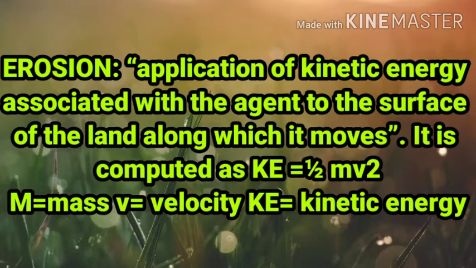Students, here we can compute the erosion activity through a formula, which is KE equal to 1/2 mv squared, in which m is mass, v is velocity, and KE is kinetic energy.